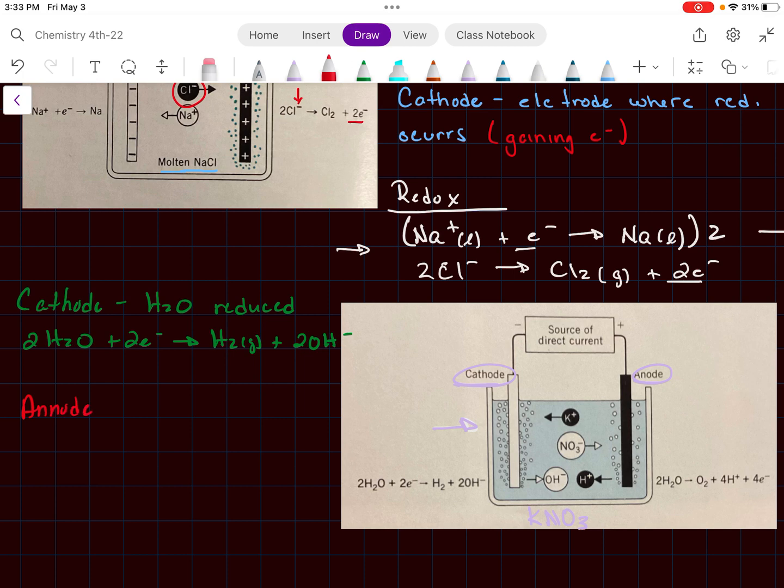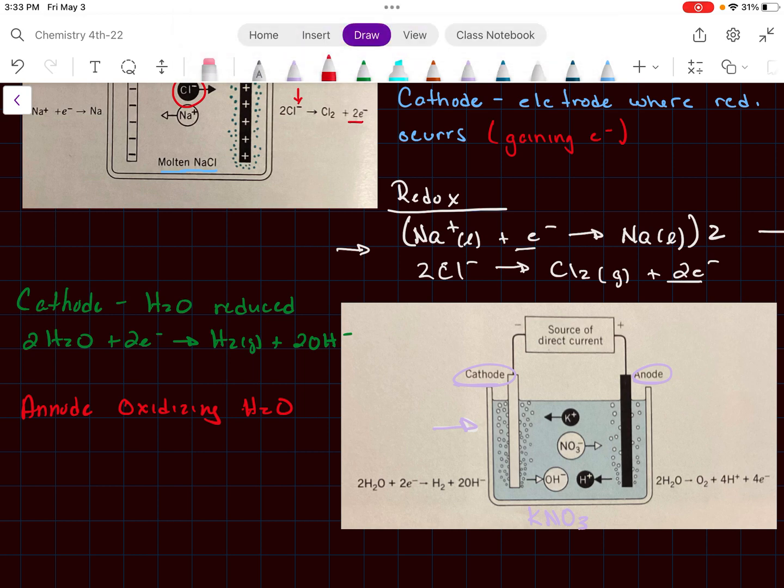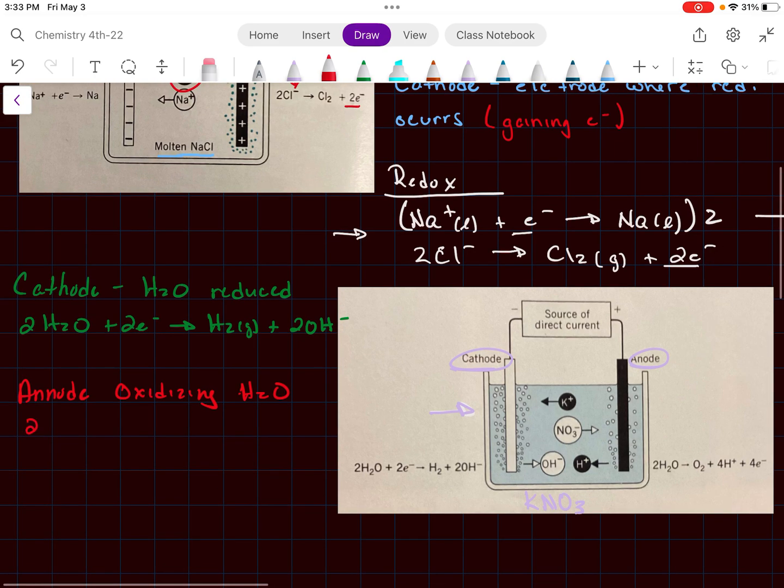What's happening at the anode, right, is the anode is actually being oxidized, but it's oxidizing water. So in an aqueous environment, right, we have the same oxidation and reduction, however, it's all happening with water. So this one kind of looks like this.